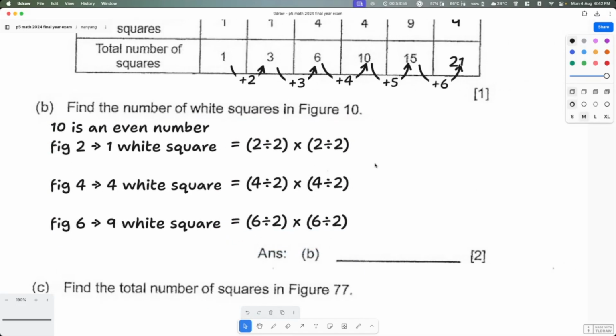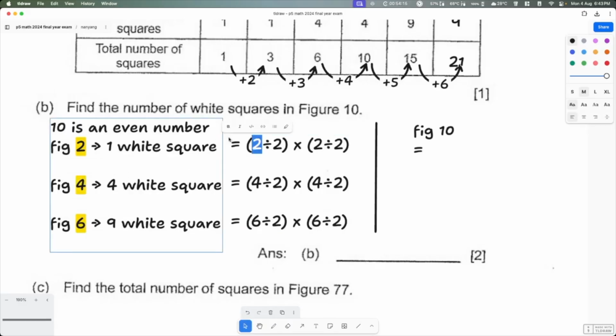So for figure 10, I'll highlight it so it's easier to see. In this case, it's equal to 1 times 1, equal to 1.